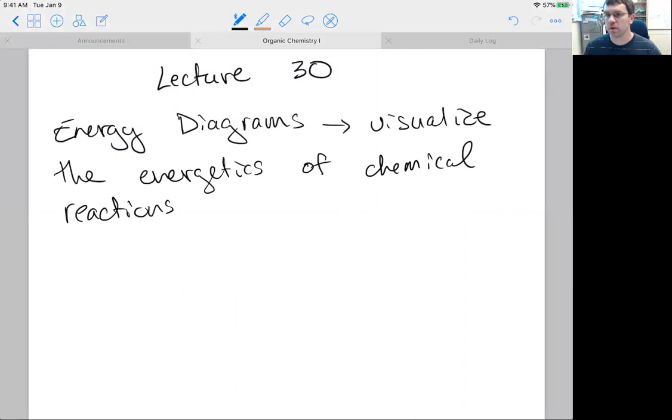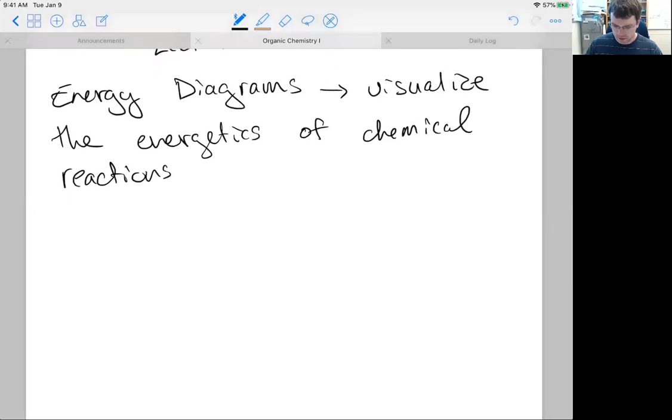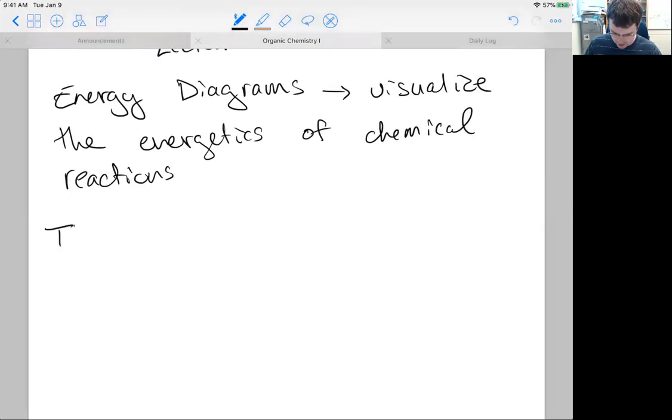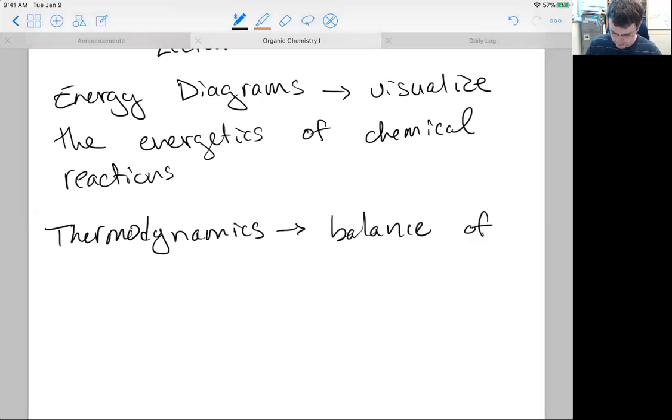Okay, so what I want to do first is just recap what we were looking at previously with thermodynamics. In thermodynamics, we're looking at the balance of enthalpy and entropy.